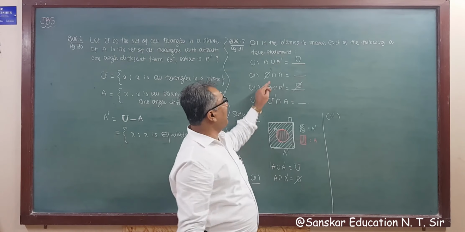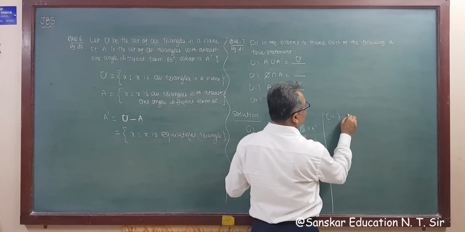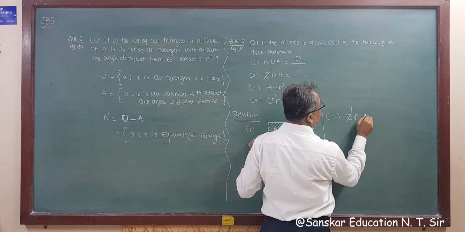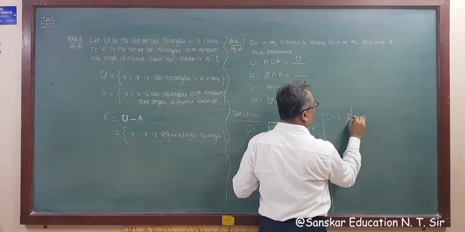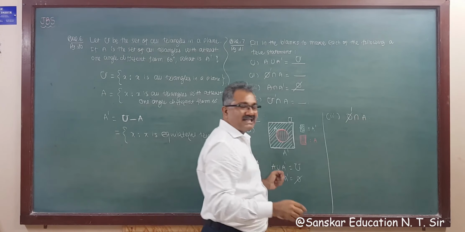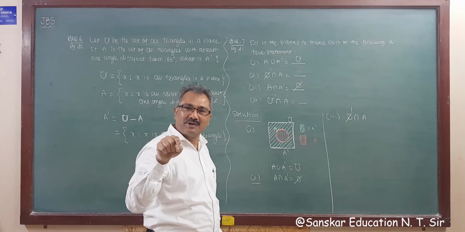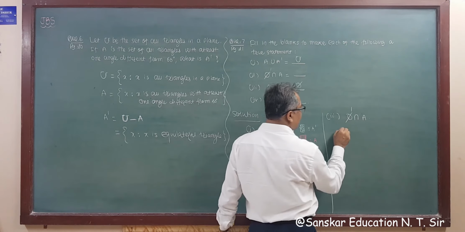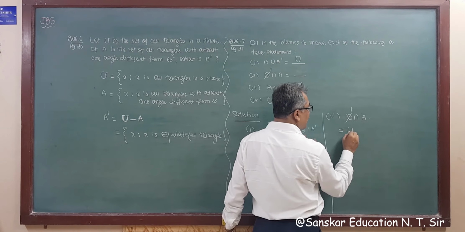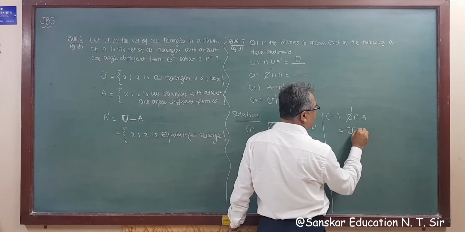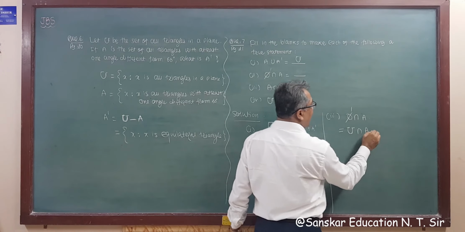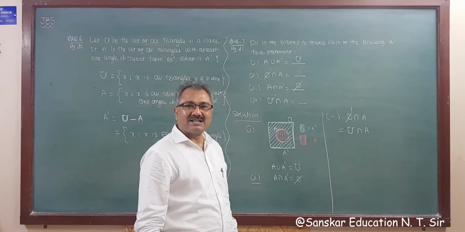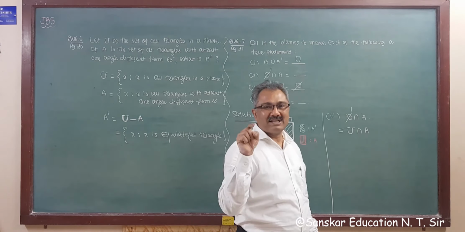Second one, phi' intersection A. Now you know phi' means the complement of the empty set, which is the universal set. So this is the universal set U intersection A. And you know the intersection of two sets is always the smaller set.